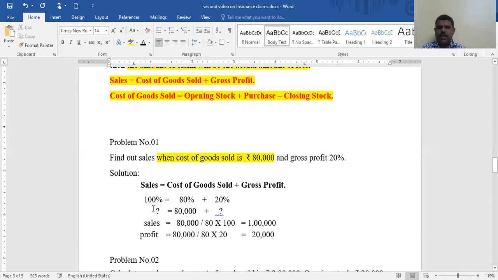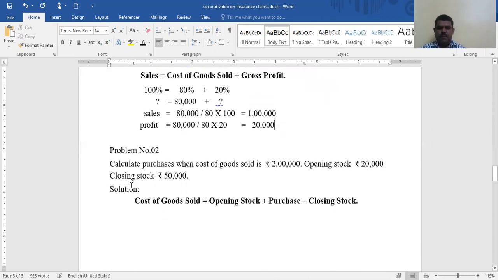Then how much is 100%? Just simply cross multiply, get the answer. Sales 1 lakh, profit is 20,000. How to cross check your answers? Sales is 1 lakh, profit is 20,000, subtract both, the difference is the answer given there, 80,000, the cost of goods sold. I hope we have understood this problem.